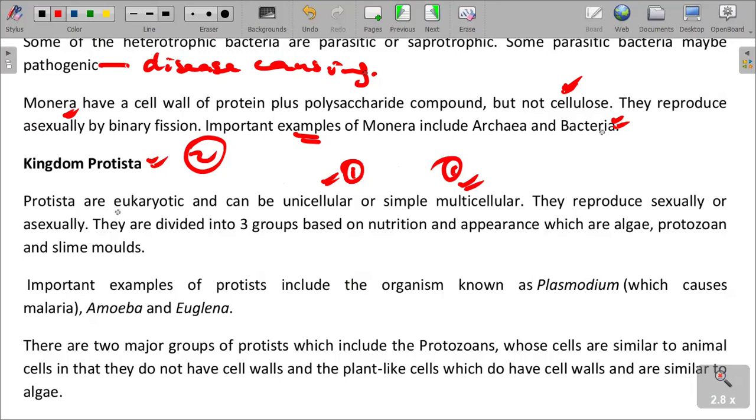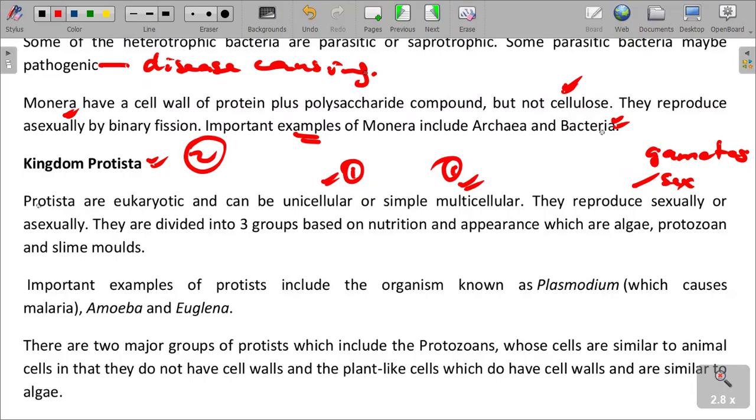They can do both: sexually, gametes are used, and asexually they reproduce without gametes, without sex gametes.